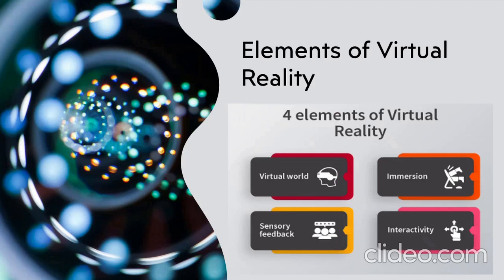So, by combining precision head tracking with real time rendering and low latency response, VR systems can create the illusion of being in a virtual environment that closely mirrors our real world movements. This synchronized tracking and rendering process is what enables the user to look around and explore a virtual reality world naturally.